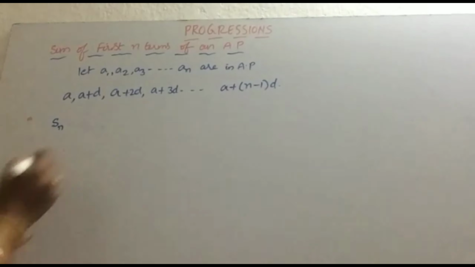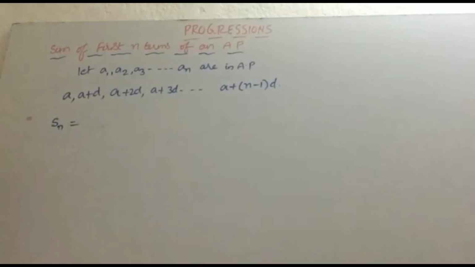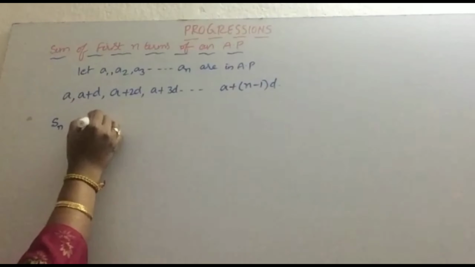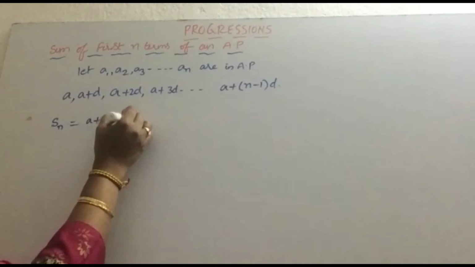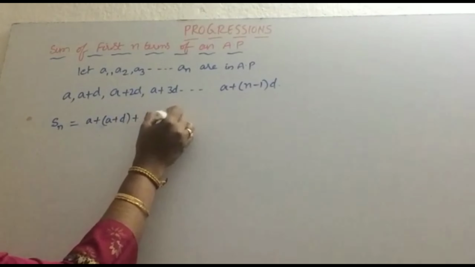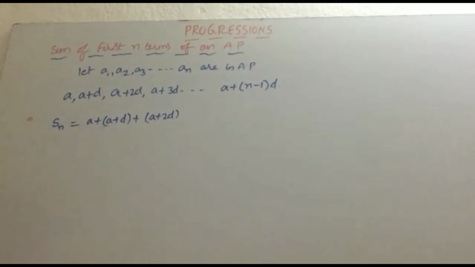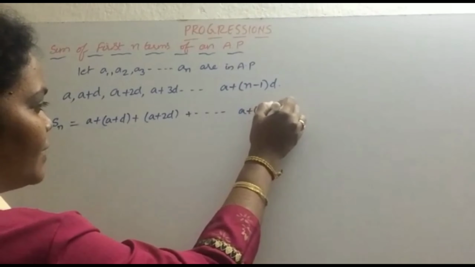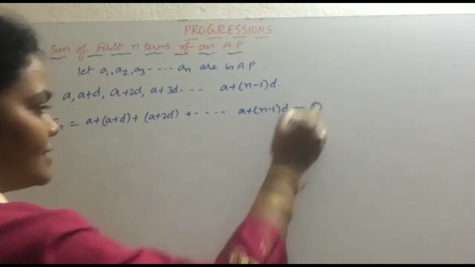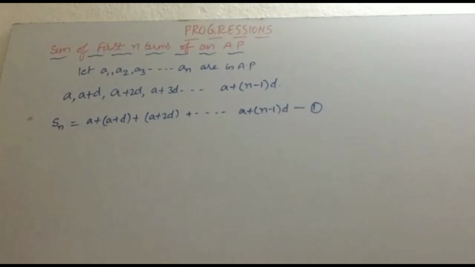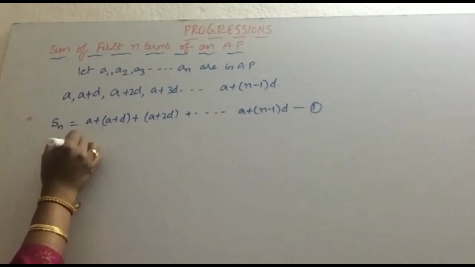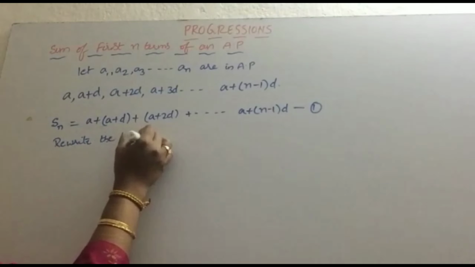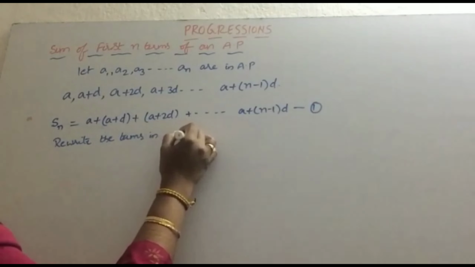So Sn equal to, I will add all these terms: a plus a plus d plus a plus 2d and so on, a plus n minus 1 into d. I will take this as equation number 1 and rewrite the terms in reverse order.